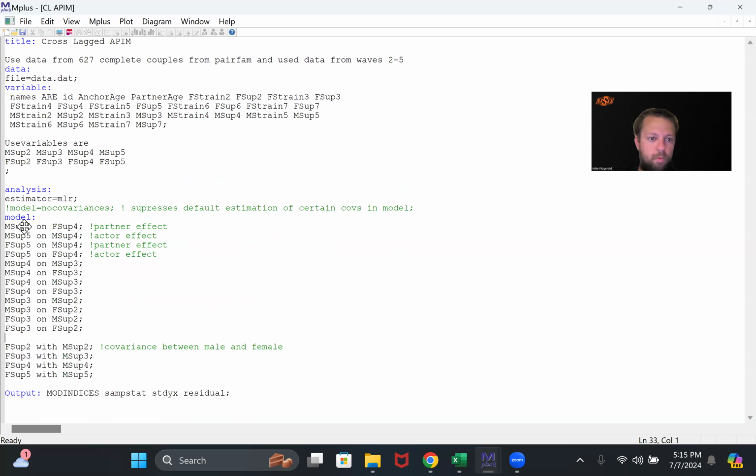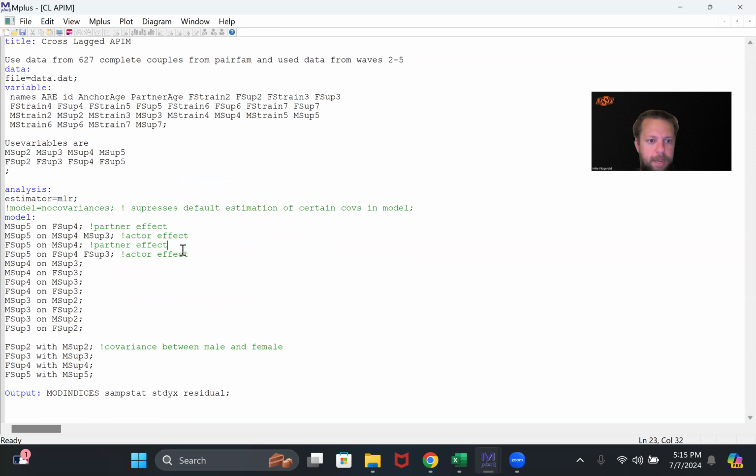And so one of the mod indices that I picked up on is that we might want male support at 5 to be predicted by male support at 4 and male support at 3. And we'll do the same thing for women. All right.